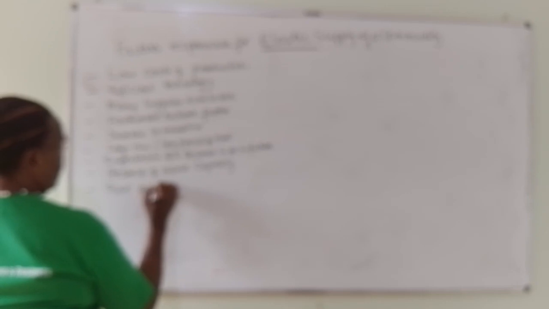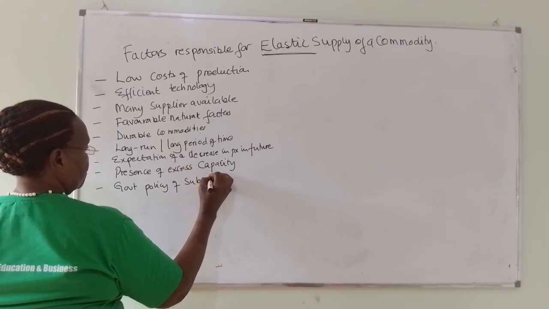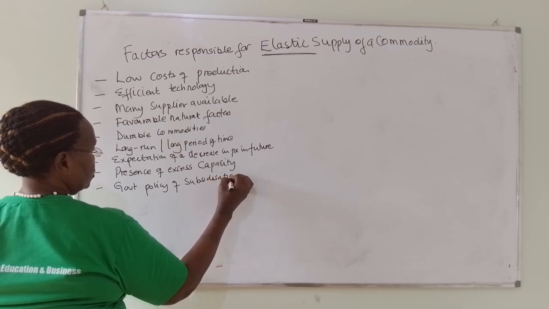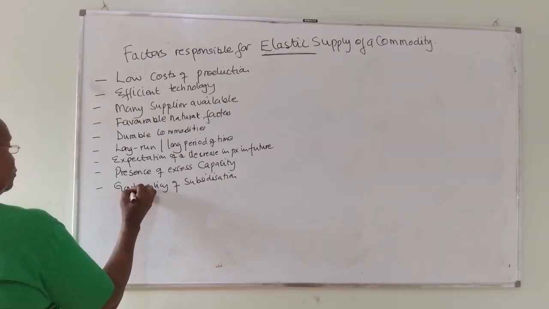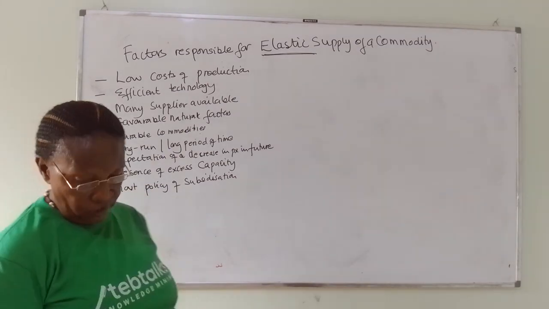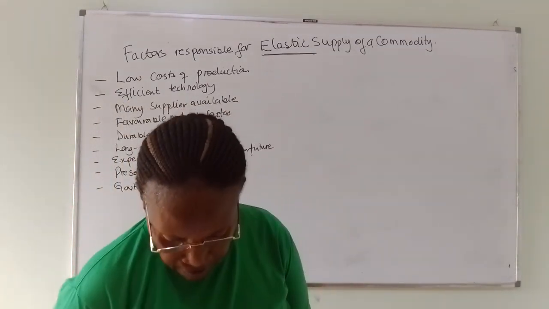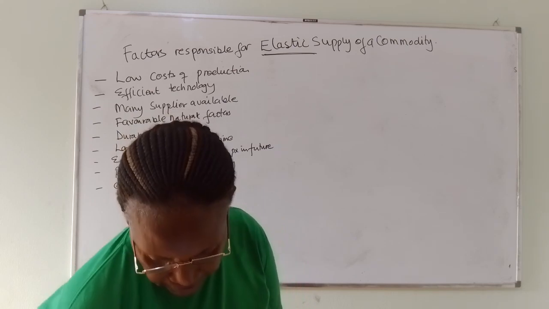Then government policy or giving subsidization reduces the cost of production and will make the suppliers to go ahead and supply more goods and services.